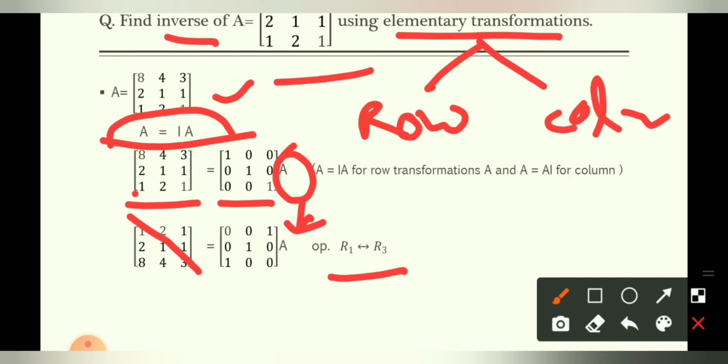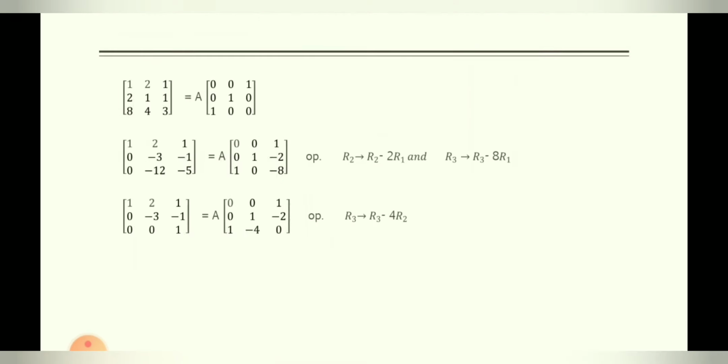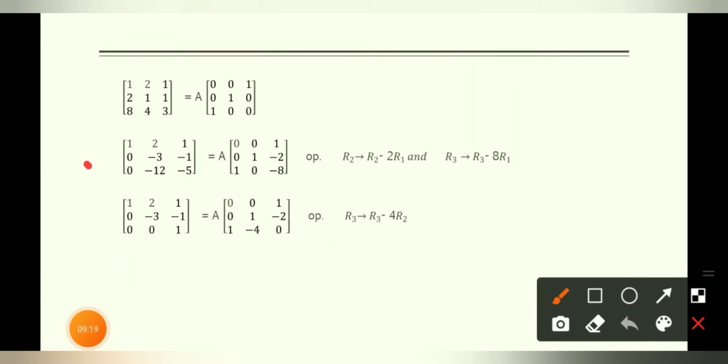So here the first is interchanging, so that we get 1 here. Then we multiplied 1 by 2 and subtracted from second row and subtracted from third row to obtain the zeros here. So here we get zeros, and the same thing should be done here on the identity matrix, the row operations.